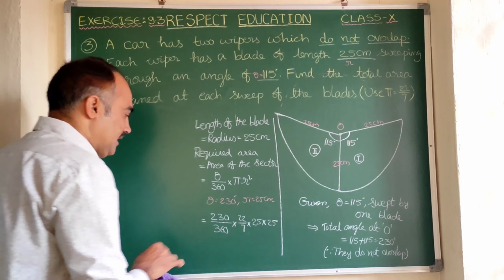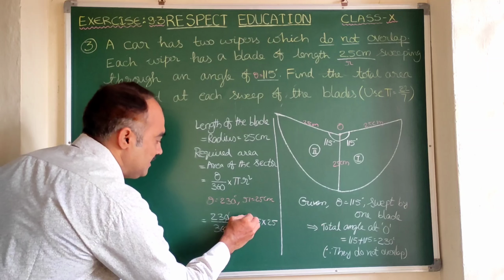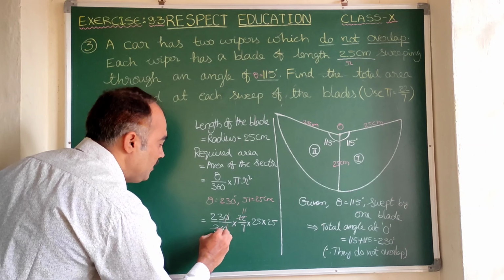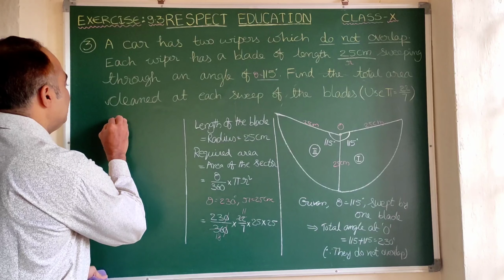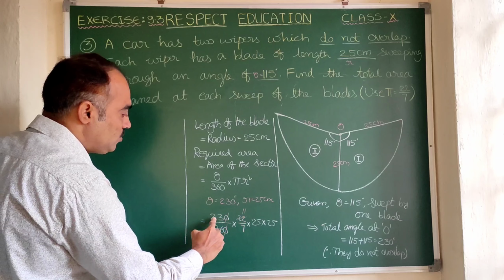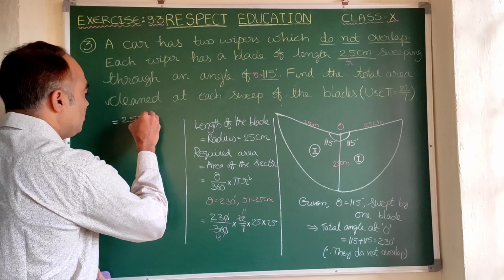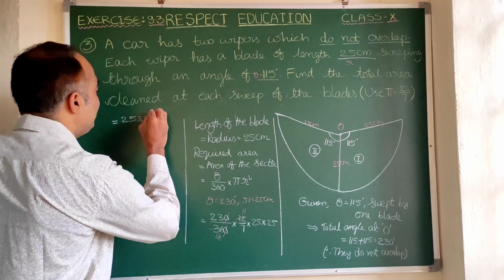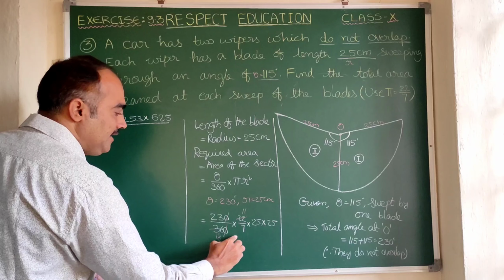Now let us cancel 0 and 0, and here 2 11s are 22 and 2 18s are 36. Now we simplify here. This is 23 into 11. 23 into 11 is 253. 253 into 25 into 25 is 625 divided by 18 into 7.